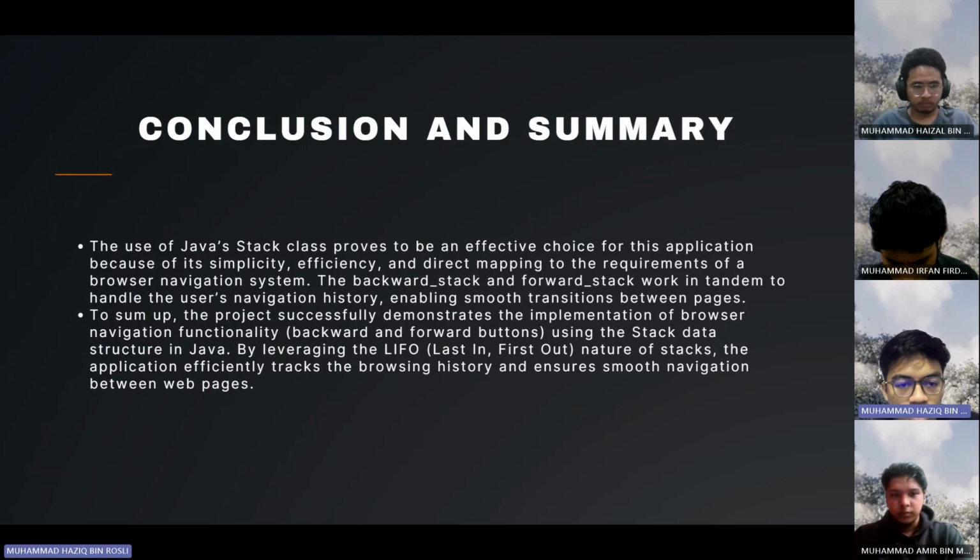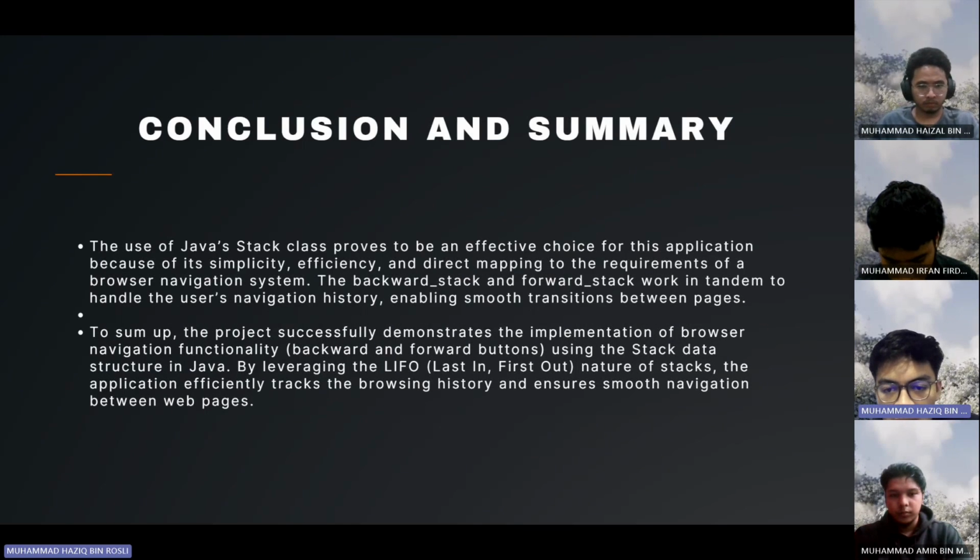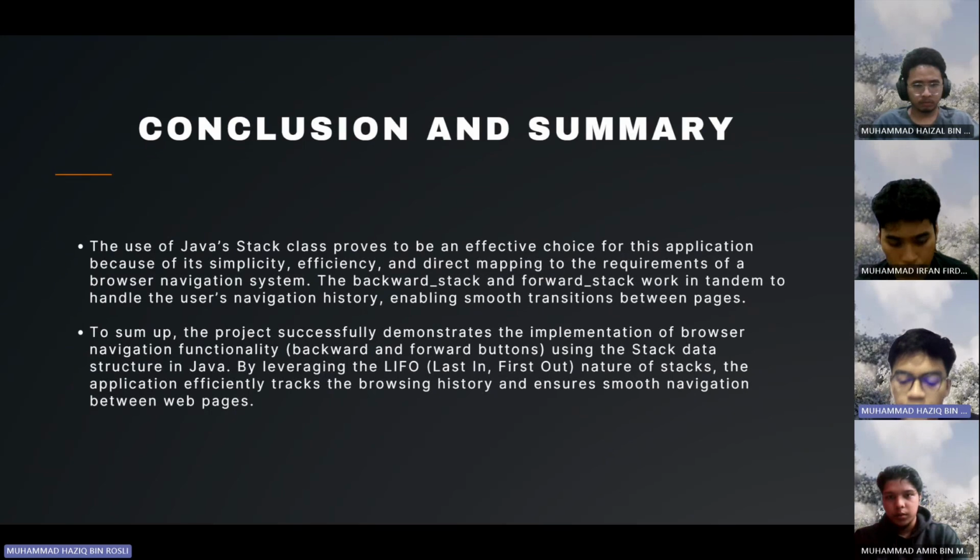To sum up, the project successfully demonstrates the implementation of browser navigation functionality, which is backward and forward buttons, using the stack data structure in Java by leveraging the default last in first out nature of stacks. The application efficiently tracks the browsing history and ensures smooth navigation between web pages.